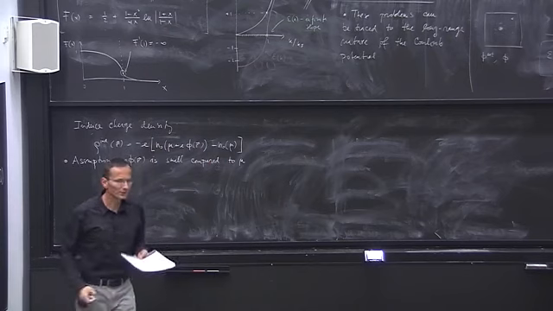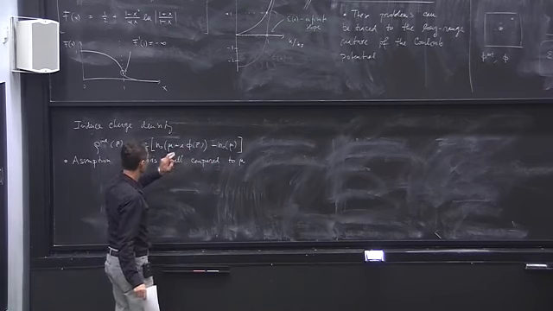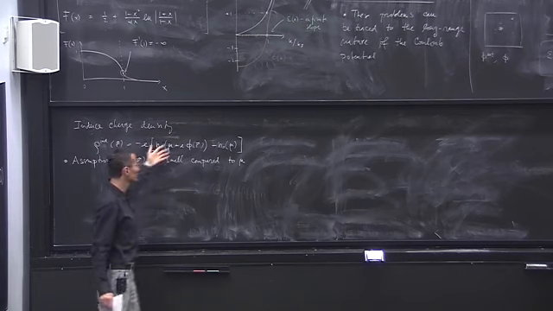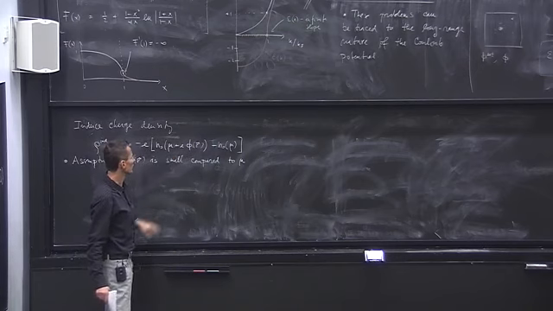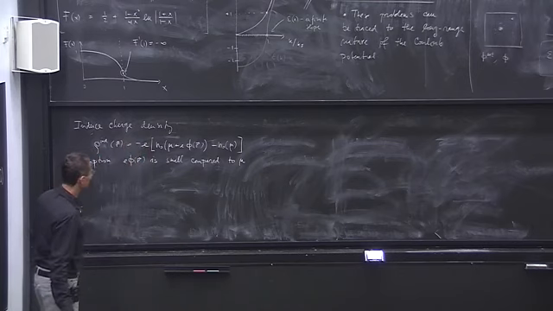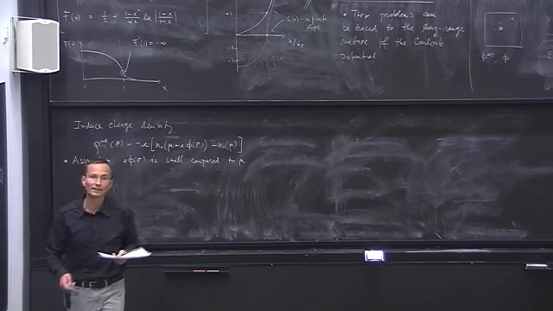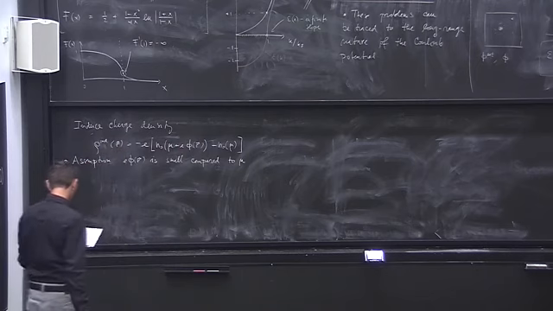And it's obvious why. When this is small compared to mu, then I can expand this expression to leading order in small phi, and I can simplify it. This assumption is really not necessary, but if I want to push this a little farther analytically, then I have to make that assumption.